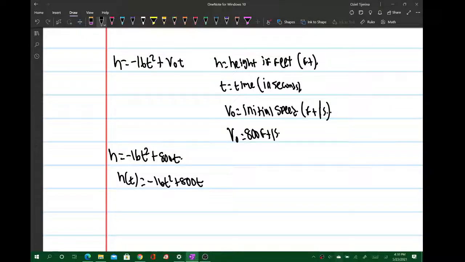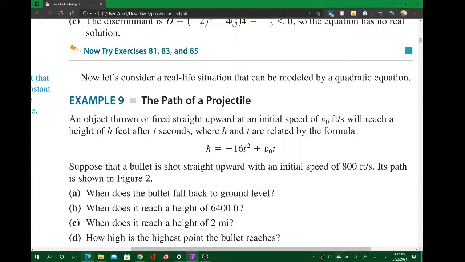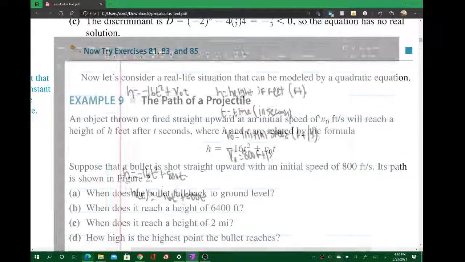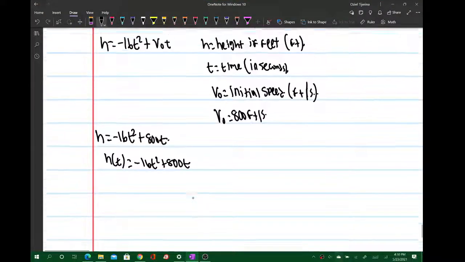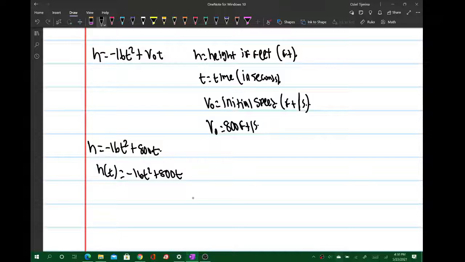Right? And it's saying, when does the bullet fall back to ground level? So if you think about it, when it's talking about ground level, that means its height is 0, okay? If you think about this function, this is a parabola going downward because a is less than 0.